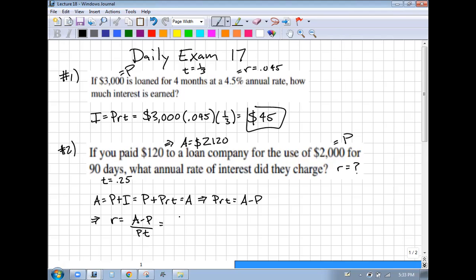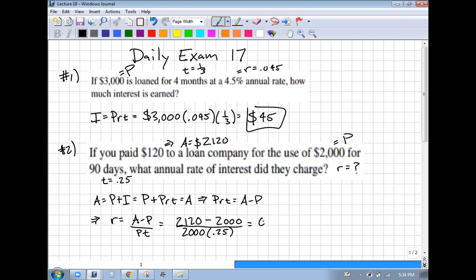So the amount was 2,120. The principal is 2,000. Notice these are both in dollars. And on the bottom we have dollars again times time, 0.25. So we plug this into our calculator. We have 120 divided by 2,000 divided by 0.25.